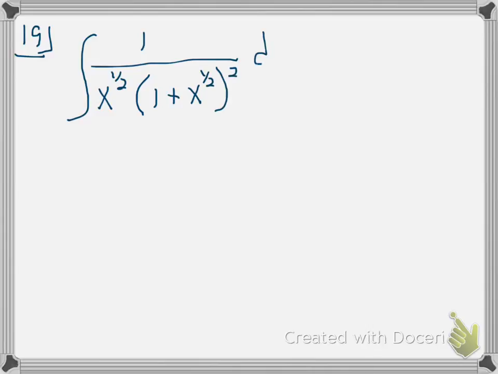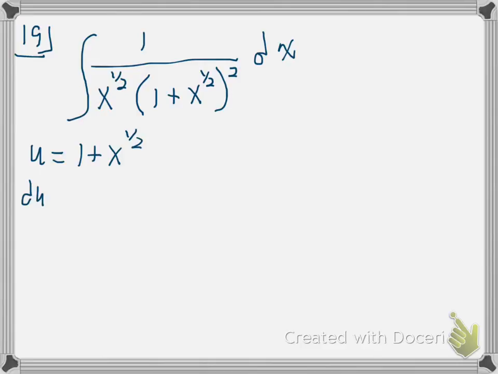1 over x to the 1/2 power times (1 plus x to the 1/2 power) all squared dx. Now I'm going to let u equal what's inside the parentheses.